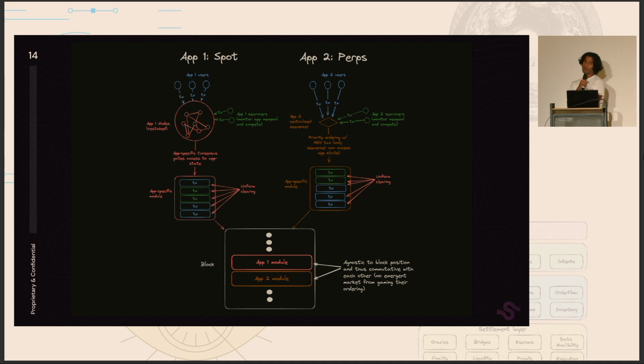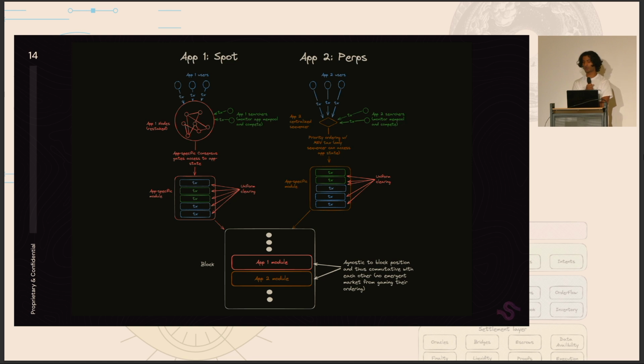And they're acting in a way that's obviously competitive with each other, and this is going to result in uniform clearing both on the spot and perp application. This is going to be sequenced this way from the actual consensus mechanism for app 1 and from trusting the sequencer with MEV taxes for app 2. But the idea is that both would have uniform clearing price if everything functions properly.